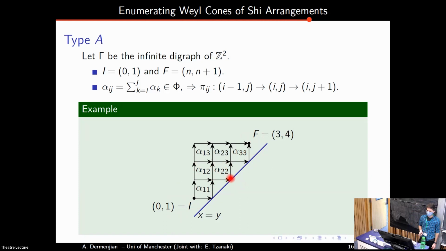So like alpha 2,2 would go from (1, 2) to (2, 2) to (2, 3). And that gives me a nice way to define exactly where these paths are. And then we can use this to very quickly calculate the number of paths, or the number of regions.